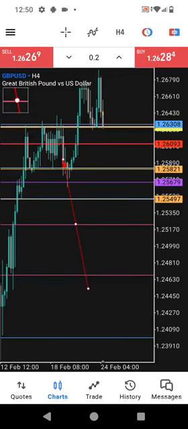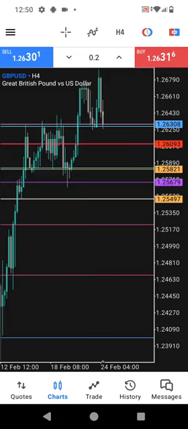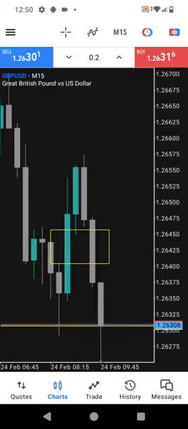Look at that gap there. It might drop to that area there. Because there's a breaker here, a small gap there, we might drop to 1.26093. That's a nice area to target. We're going to participate in this one.